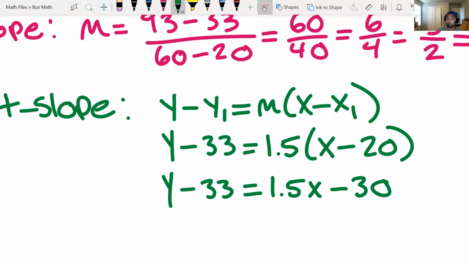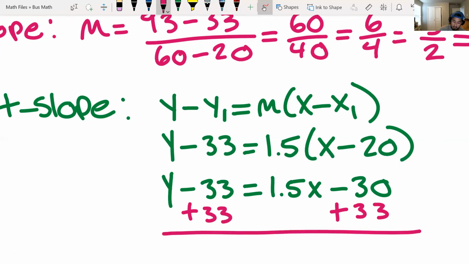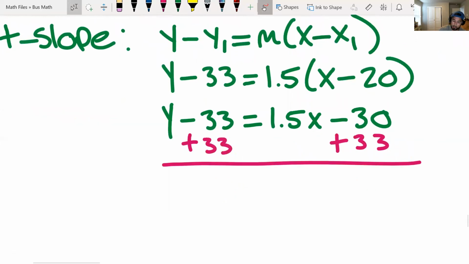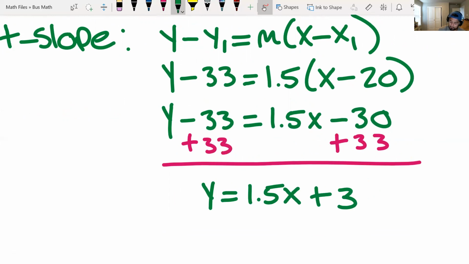Look at that. Now, add the 33. And we get our equation. Y equals 1.5x plus 3.